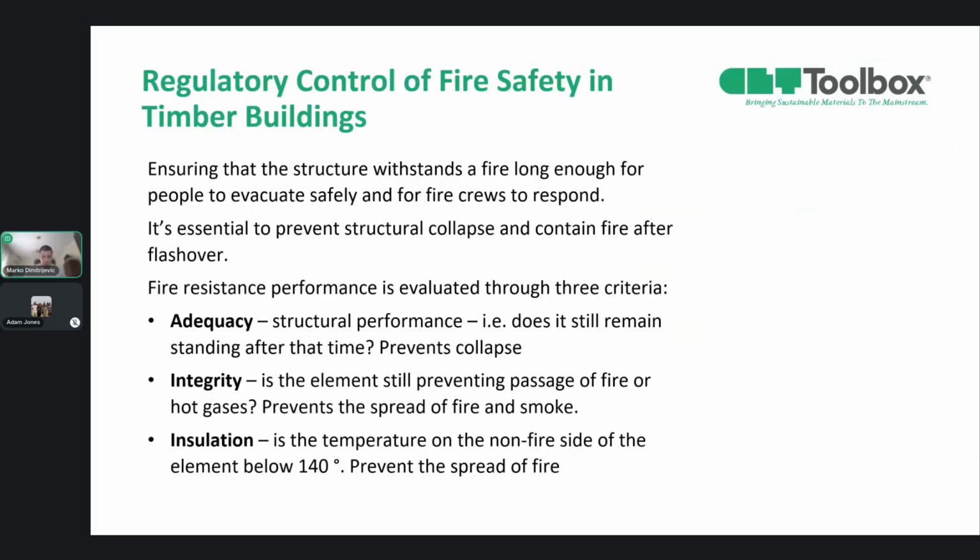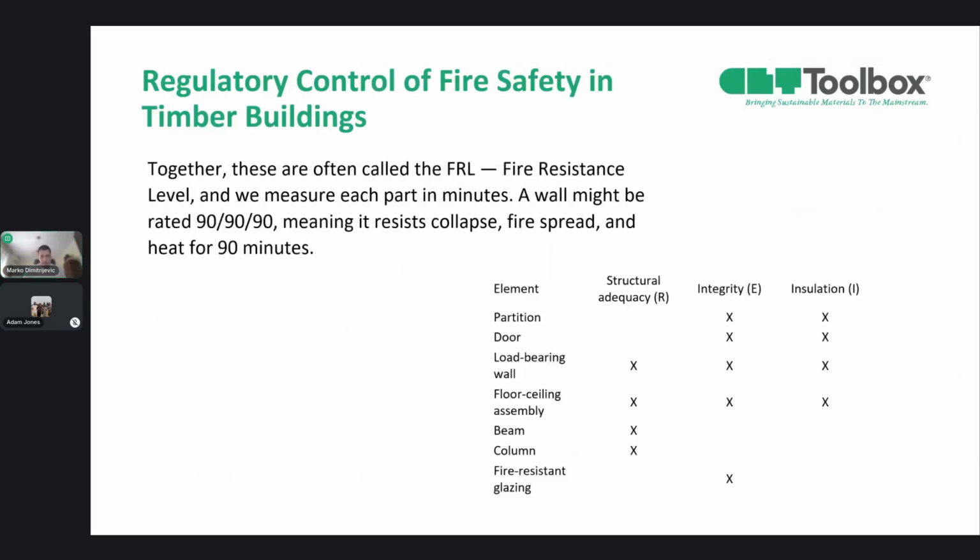We have adequacy: does the structure remain standing after time, preventing collapse? We have integrity: is the element still preventing passage of fire or hot gases, which prevents spread of fire and smoke? And we have insulation: is the temperature on the non-fire side of the element below 140 degrees?